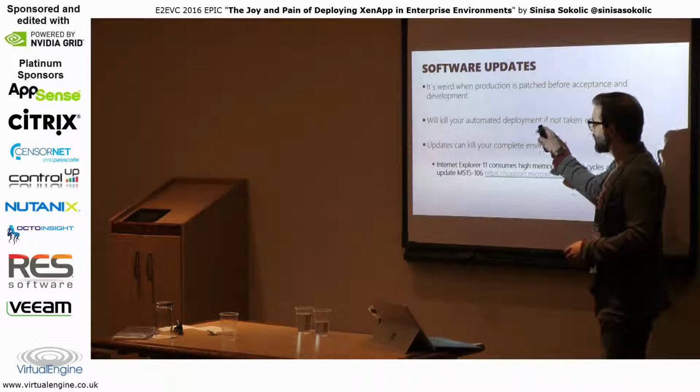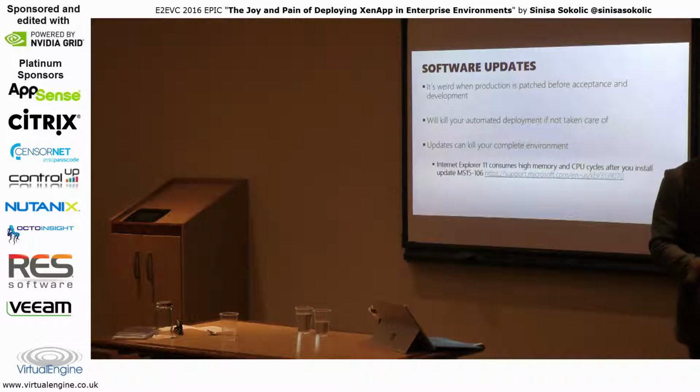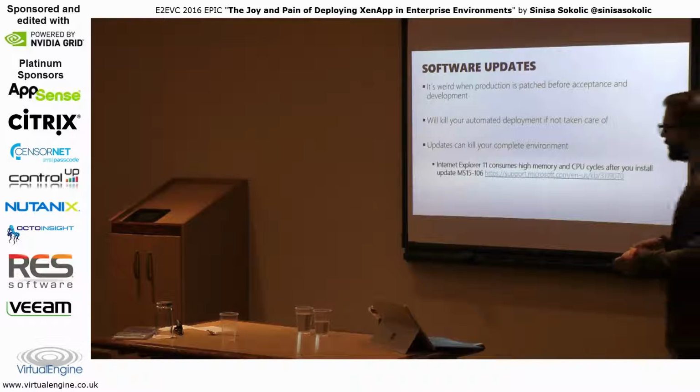Another big point is that software updates can kill your automated software deployment cycles. I don't know how many use electronic software delivery products or System Center. Okay, quite a few.